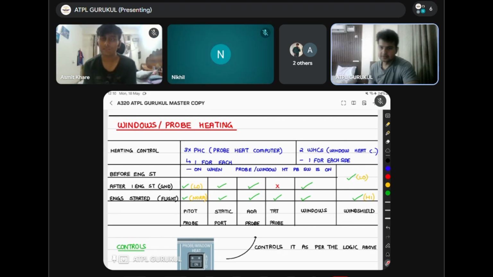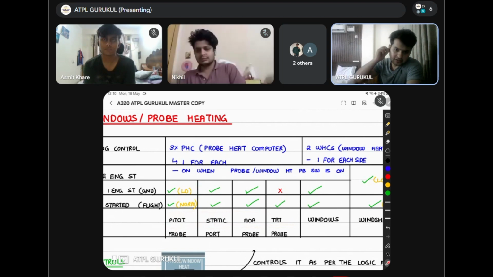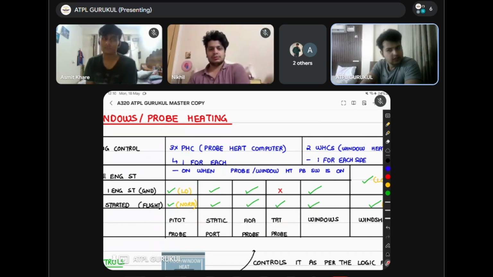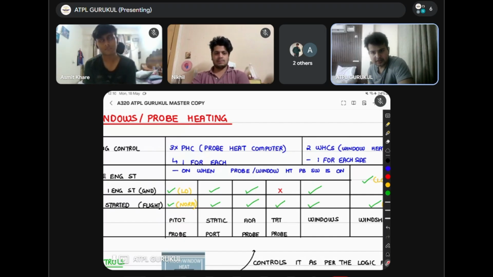So now I ask you the question again. Let's say, Ashwin, you're on the ground. You have these four probes. Which probes will you heat on the ground provided an engine is running? If the engine is not running, the probes will not automatically be heated, right? That's the logical answer. For example, if the aircraft is parked with the APU on, let's say there's some maintenance going on, you want the probes to be heated?